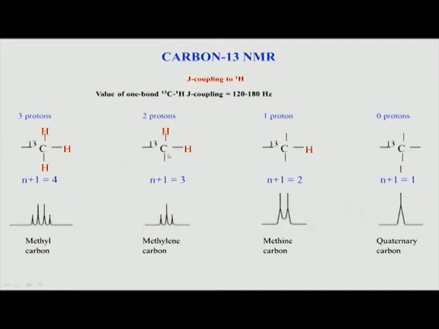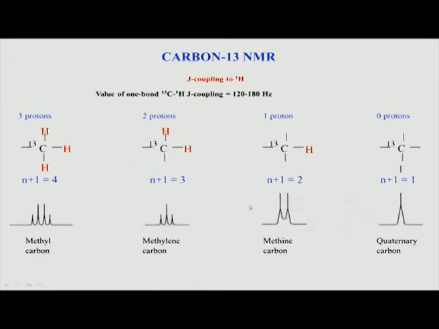Now, if you look at a methylene group, CH2, there are 2 hydrogens. So, according to the n+1 rule, you will get a triplet, which is 1:2:1. Similarly, if you have a methine group, then you will get a doublet, with equal intensity 1:1. And in the case of a quaternary carbon, or a carbonyl, you get only one peak because there is no coupling to any hydrogen.